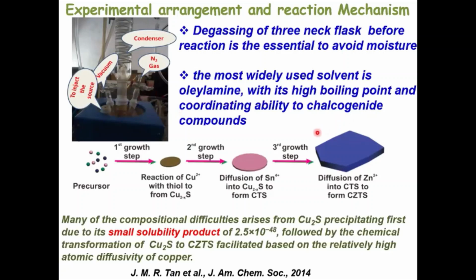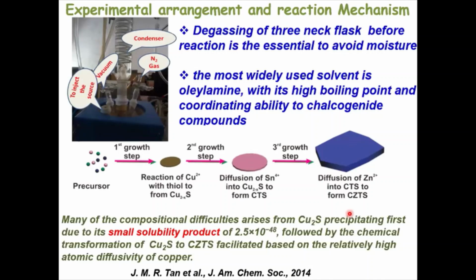The reaction proceeds like this. First, copper reacts with thiol once you inject sulfur, which forms Cu2-xS, and then tin slowly diffuses into the copper sulfide to form copper tin sulfide, and finally the zinc diffuses into the copper tin sulfide to give the copper zinc tin sulfide compound in stoichiometry.